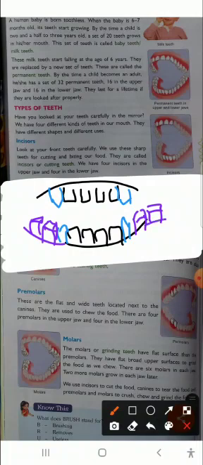Four in the lower jaw and 4 in the upper jaw: 1, 2, 3, and 4. In this way you will make them.